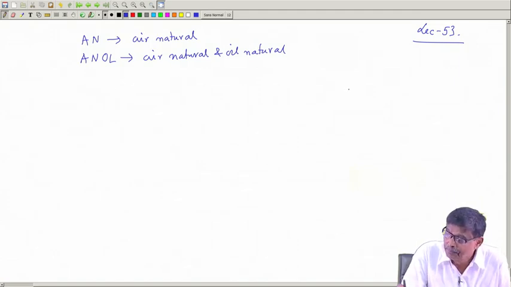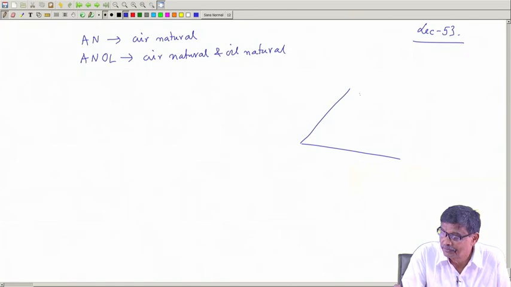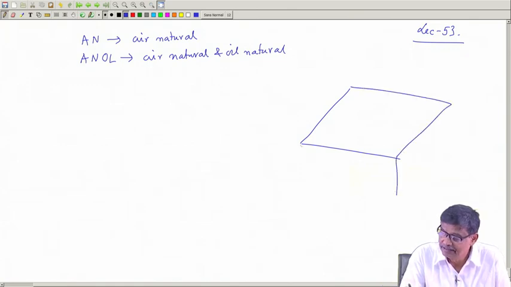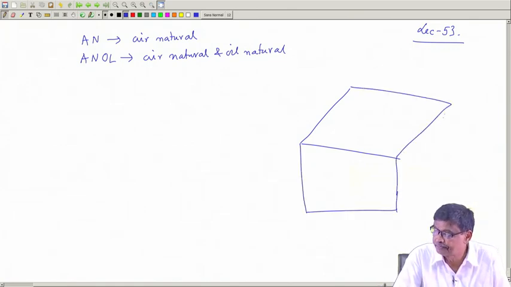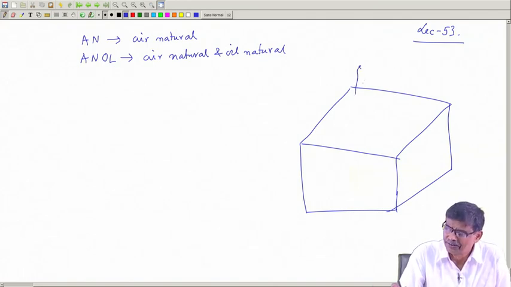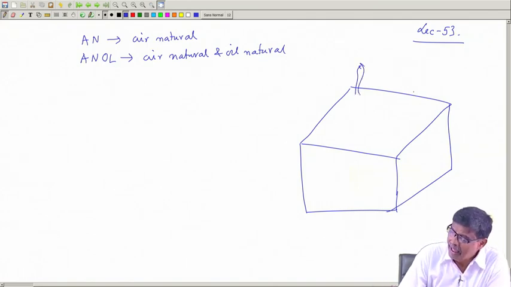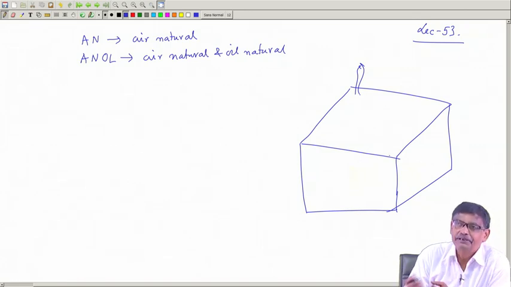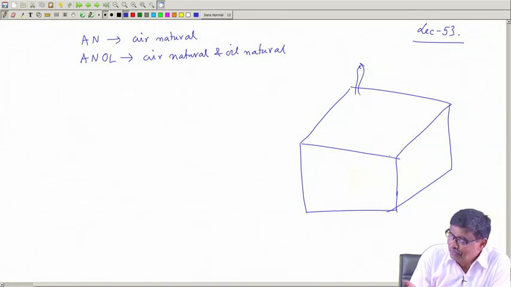But what I am telling, suppose this is your transformer. This is the main transformer tank. Bushings, etc., all things are there, and to increase the surface area, the cooling tubes are also not sufficient.